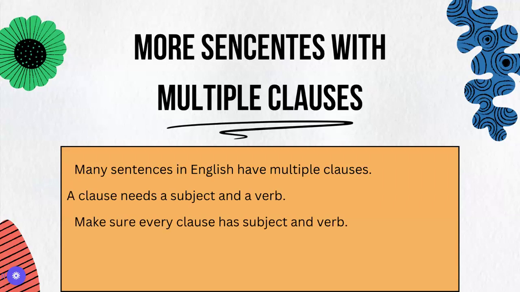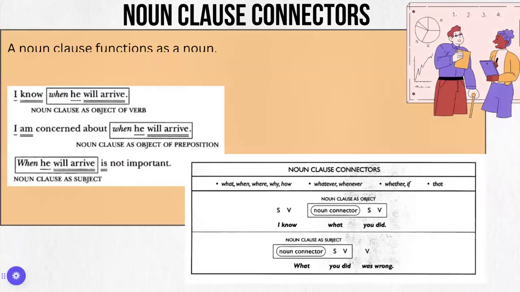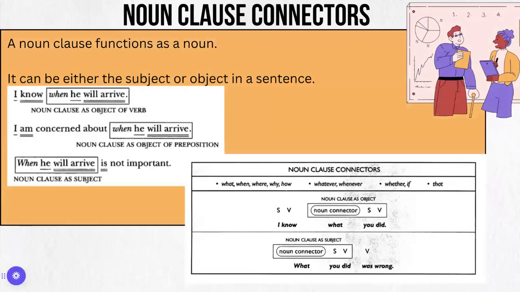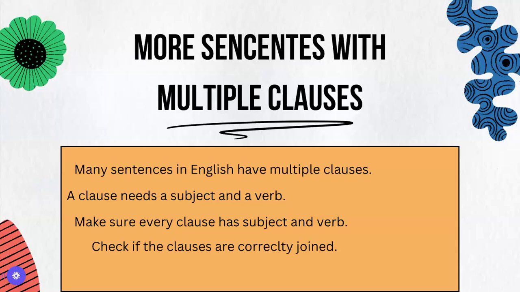So make sure, as we said before, that each clause has a subject and a verb. Check if the clauses are correctly joined. And that's pretty much what we said last class.